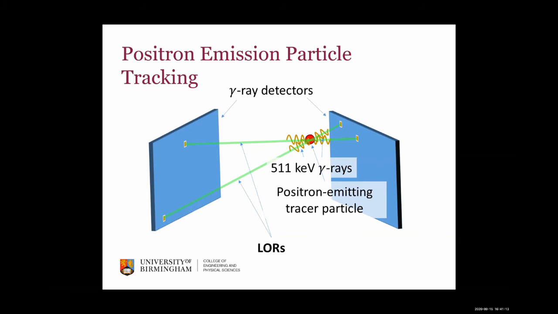The nice thing is that the gamma rays can go through those substances. For example, if it's inside the liquid, those gamma rays can go through the liquid and then touch the detectors, and then their location can be detected by the detectors.